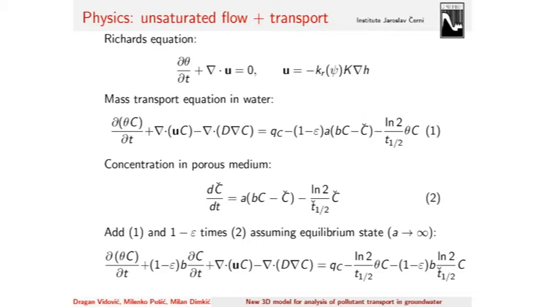So if you take that this A is infinite, we get that this term in brackets must be 0, and this is how we relate the concentration in the porous medium to the concentration in the water.